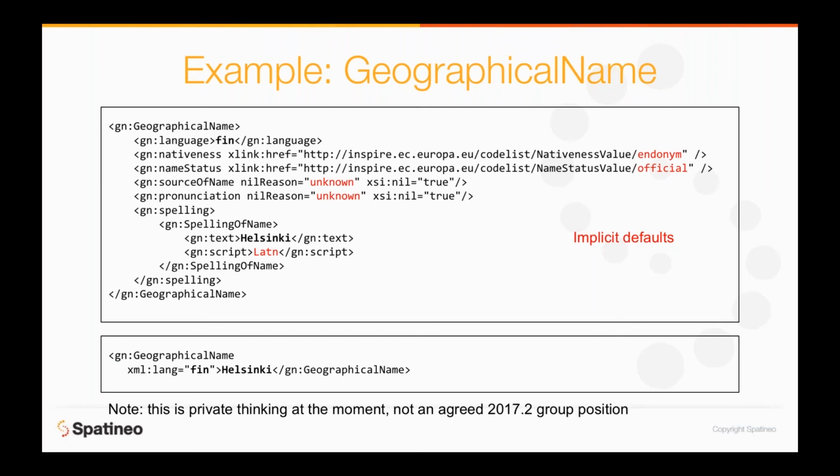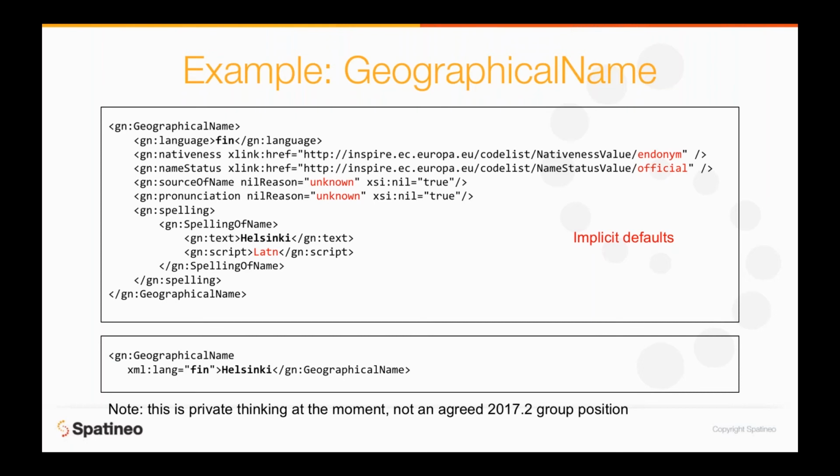So as mentioned, this is an extreme example, and this particular issue has not already been discussed in the expert group, but it is just an example of ways that you could use the simplification if you know that for your use case this is fine, that all the information you need for these particular users is the actual spelling and the language of the name.